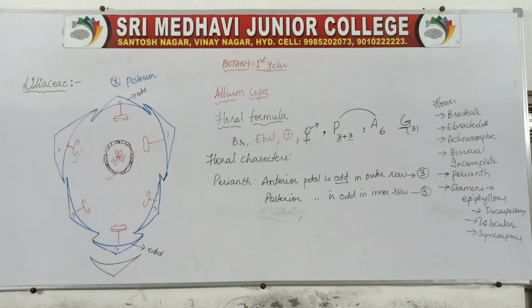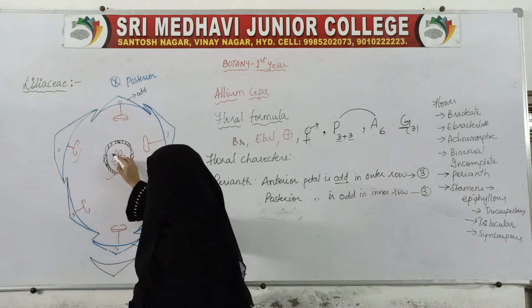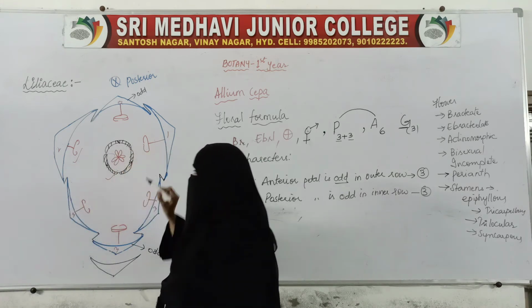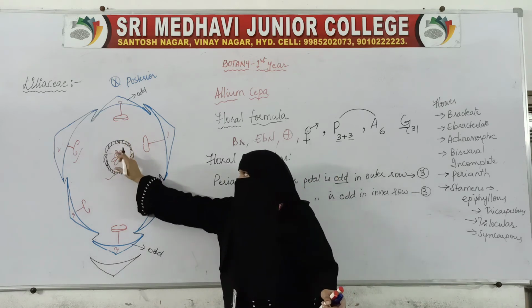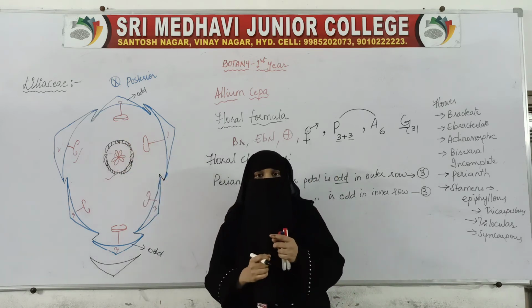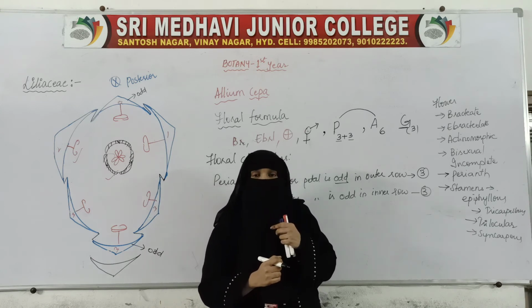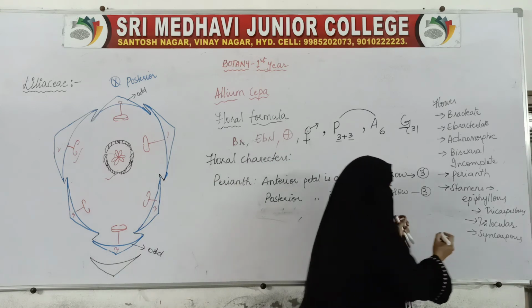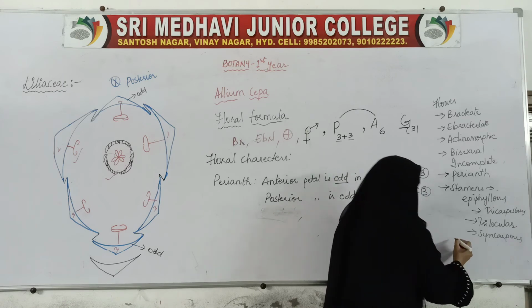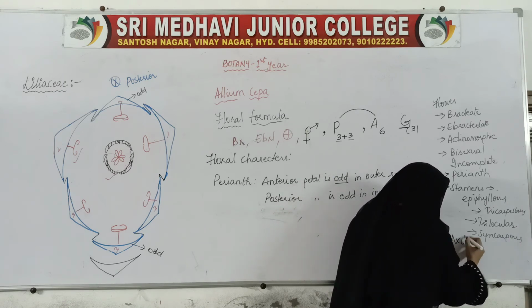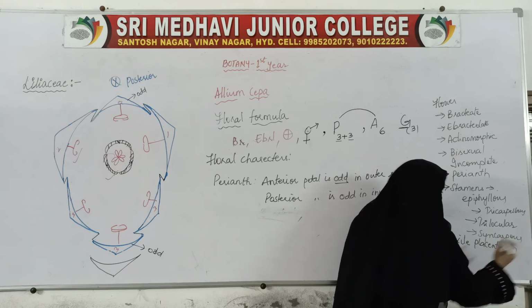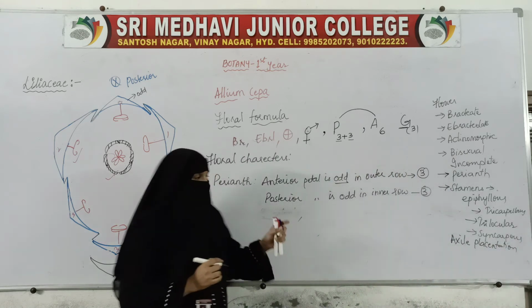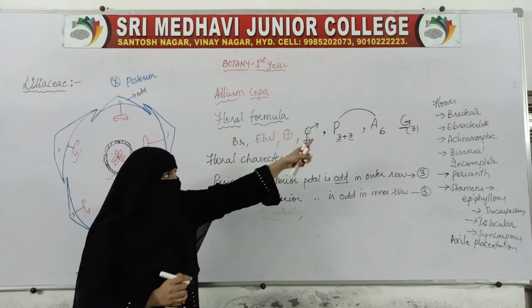Trilocular means 3 locules will be there. So here 1 locule, here another, and here another. All the carpels are fused together, and placentation is axile placentation.